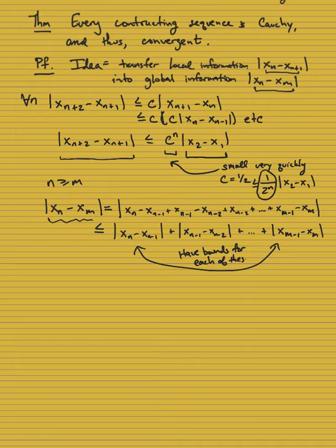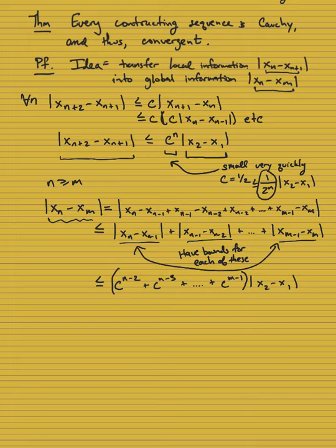Okay, so since we know the sequence is contracting, we can put all of these in terms of something involving c and x2 minus x1. So in particular, this is less than or equal to c to the n minus 2 plus c to the n minus 3 all the way down to c to the m minus 1 times x2 minus x1. Okay?